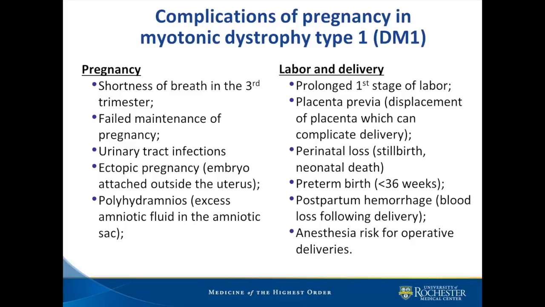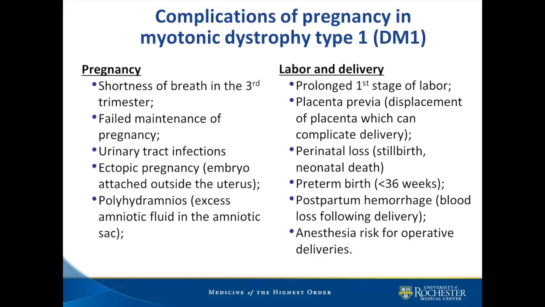But during pregnancy, there's shortness of breath, and as you know, as the uterus gets larger and pushes up on the diaphragm, if the woman who is carrying the baby has some degree of diaphragmatic weakness, which is not uncommon, they can become quite short of breath, and that can lead to hypoxemia, particularly during sleep, and can be a potentially dangerous problem.